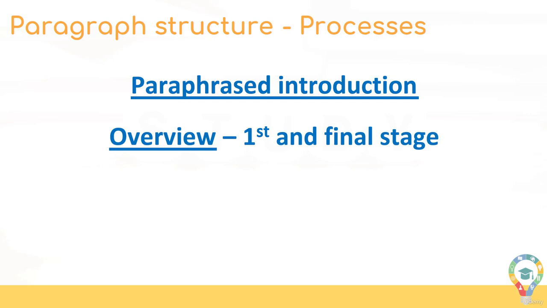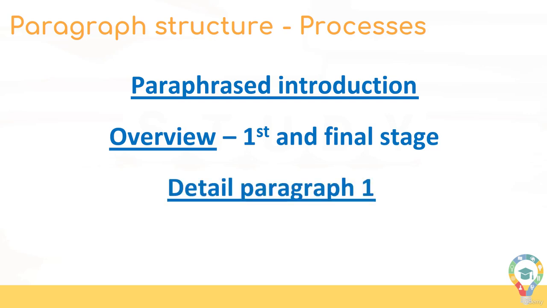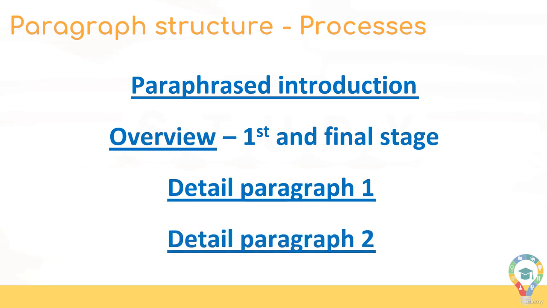So we have our paraphrased introduction, we have an overview which is slightly different to the charts and graphs overview that we would normally write, and we have detailed paragraph 1 and detailed paragraph 2. So we're going to need to group the stages or the information that we can see in the process question, because then we can split our writing into detailed paragraph 1 and 2.